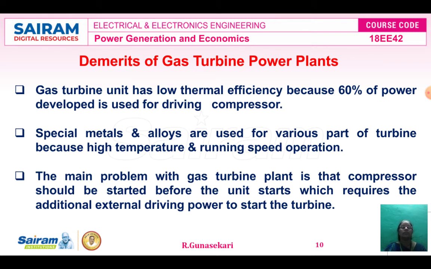Special metals and alloys are used for various parts of the gas turbine because of high temperature and running speed operation. The main problem with the gas turbine power plant is that the compressor should be started before the power plant starts, which requires additional extra driving power to start the gas turbine.